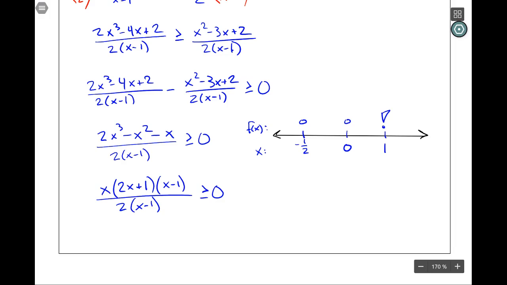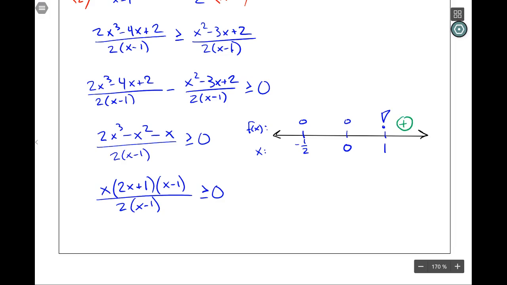All right, now that we have our zeros and our domain restrictions marked on this sign chart, let's see what happens to the sign of this rational expression. If I'm to the right of x equals 1, all of these factors are positive. So my sign chart is going to be positive in that region.